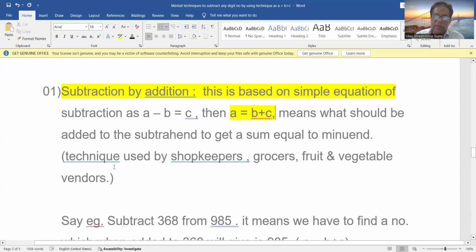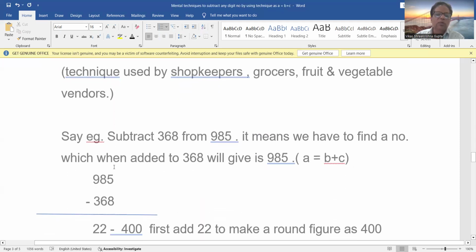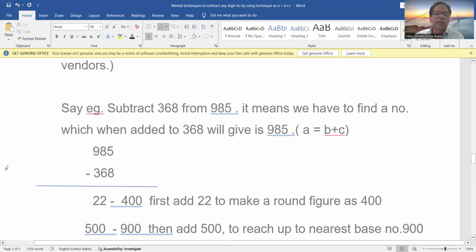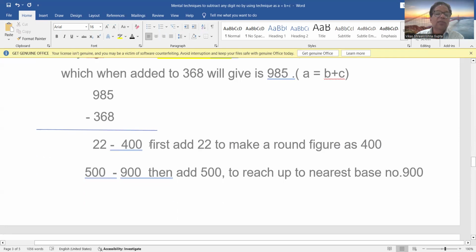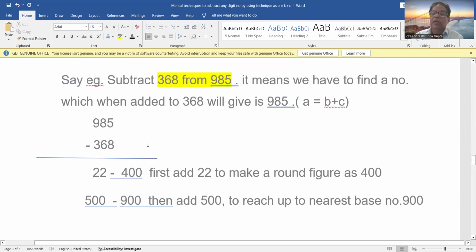So the same technique I am showing you here. Suppose the question is how to subtract 368 from 985. Now, I will do this question by the same technique. 985 minus 368. First of all, I will add 22 to the number 368 because when I add 22, it becomes a round number, 400.